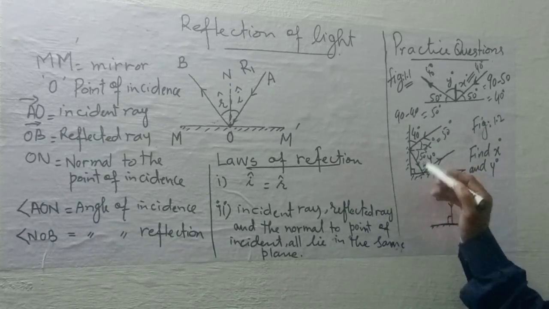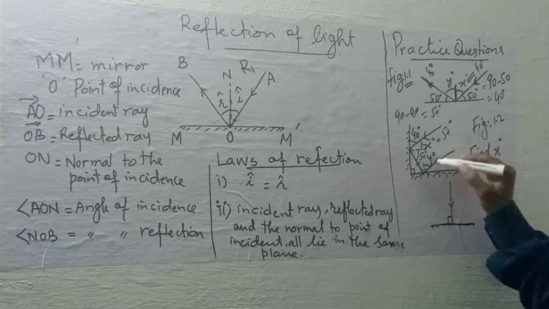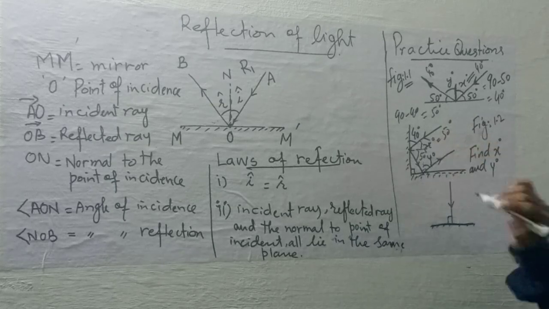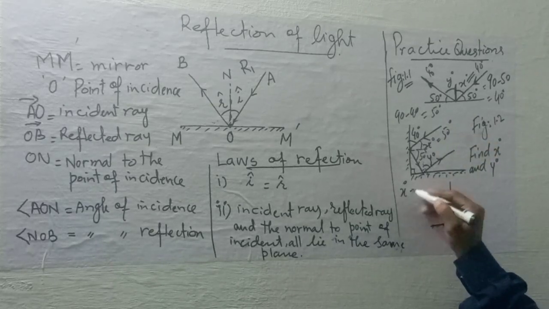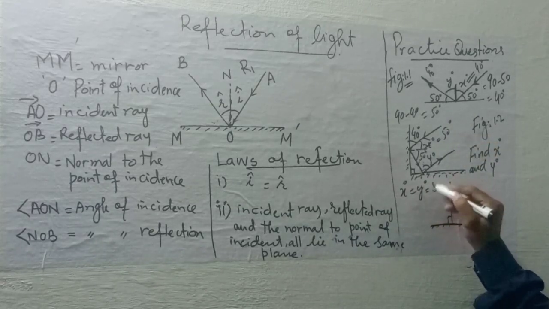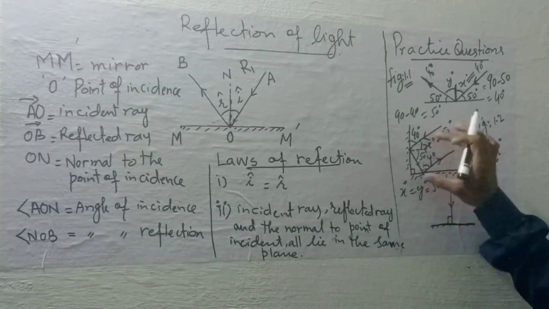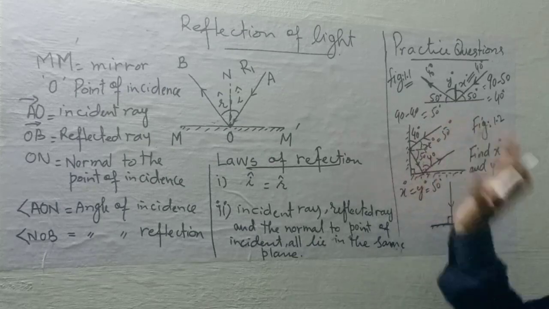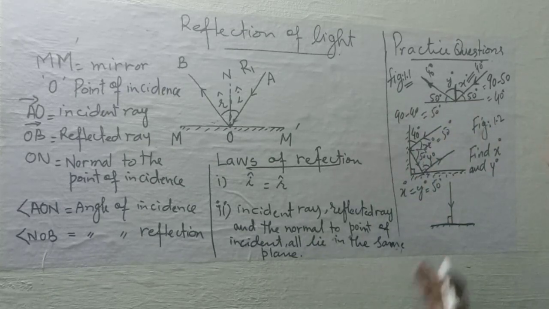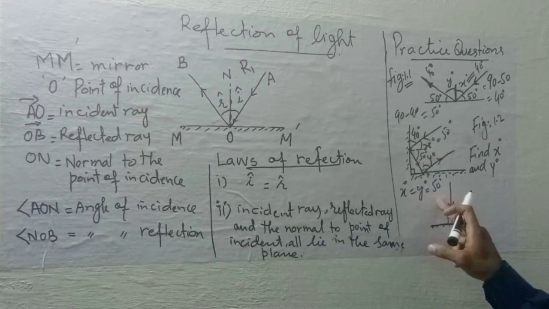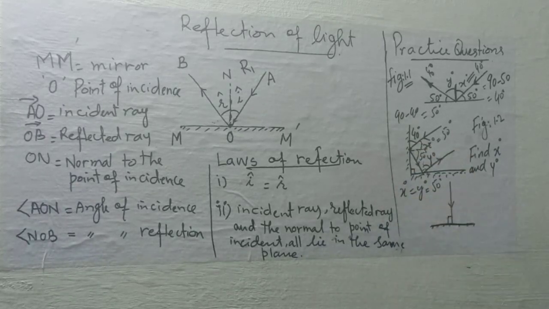So your angle here would also be equal to this angle x. So x and y are both equal to 50 degrees. This triangle can also be solved with the help of geometrical formulas for the right angle triangle and so on. So x and y both have the same value of 50 degrees.